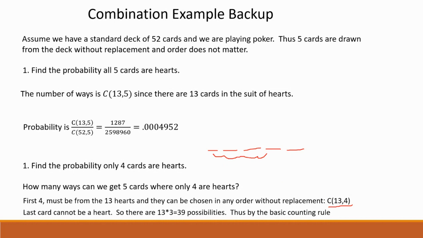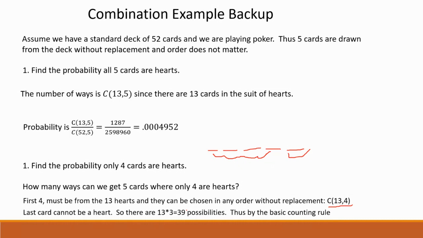And you could probably tell from what I wrote that we are not done because we have to worry about the last card. Now this card here cannot be a heart. How many cards are not hearts? Well, 39.